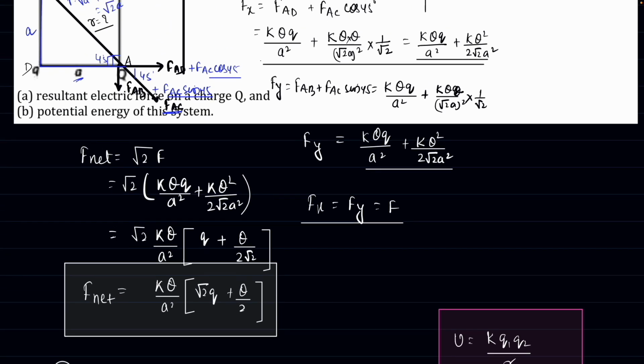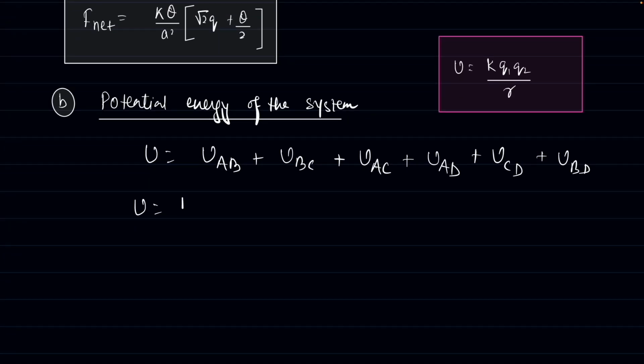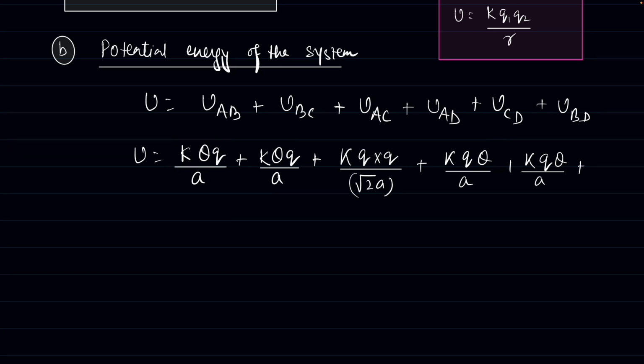A and B, potential energy of AB both has capital Q and a small q charge. So we substitute and the distance is A. So we can substitute as K capital Q a small q by A. Similarly, for BC, K capital Q a small q by A. UAC is equal to K Q into Q by root 2A plus K a small q capital Q by A plus K a small q capital Q by A plus K Q square by root 2A.